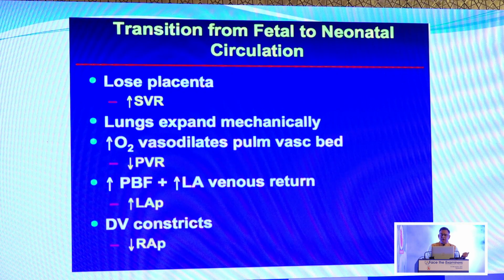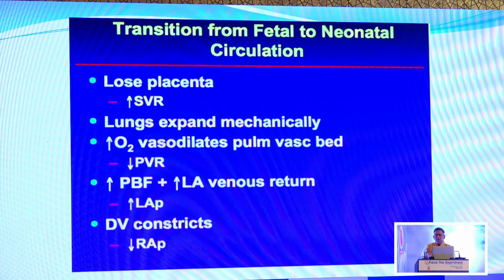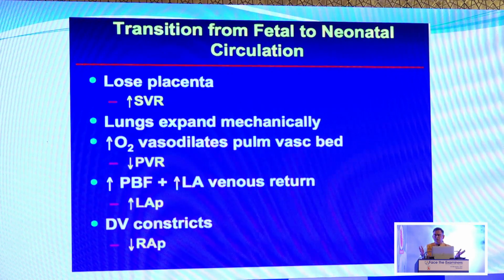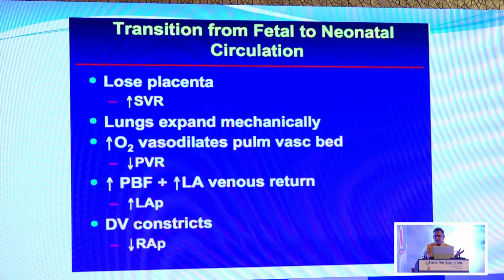You lose the placenta, you get the increase in SVR, lungs expand mechanically, oxygen as a vasodilator causes the pulmonary vascular bed to dilate, PVR goes down, and remember, it is not only that; certain more things happen here. The acinar arteries continue to grow if the pulmonary artery pressure goes down, even after birth.